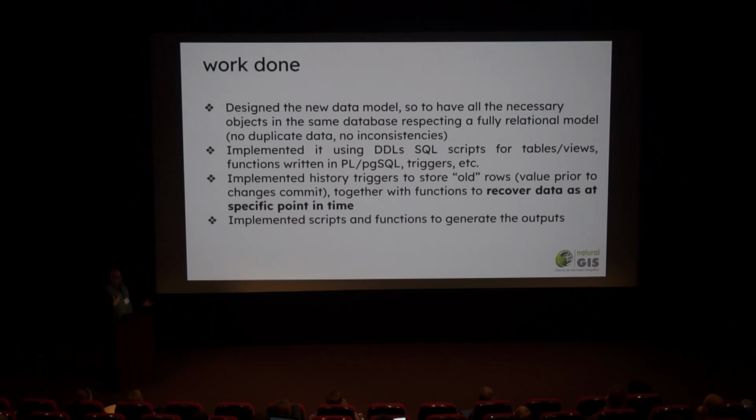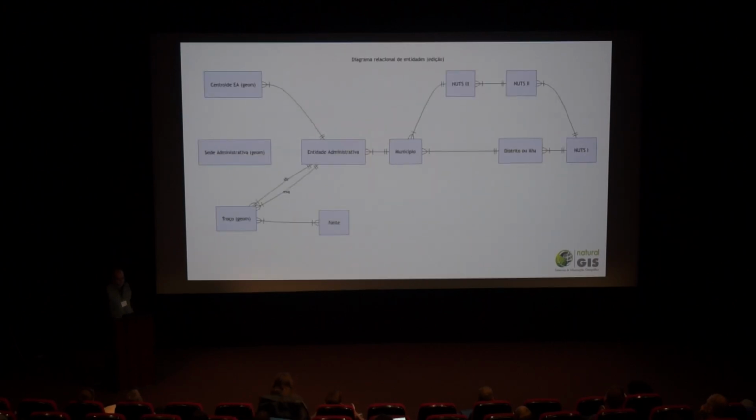We implemented triggers to store the data before any change, to create a history, and also functions to recover data at a specific point in time. And then we also implemented scripts, routines and functions to generate the necessary outputs.